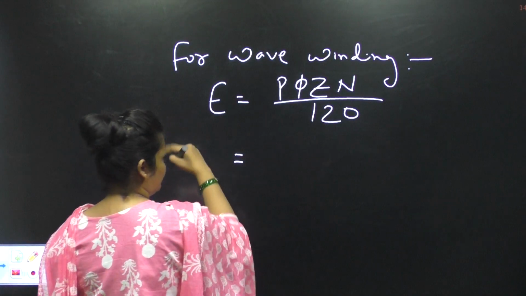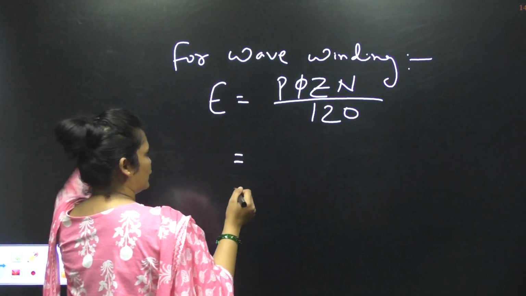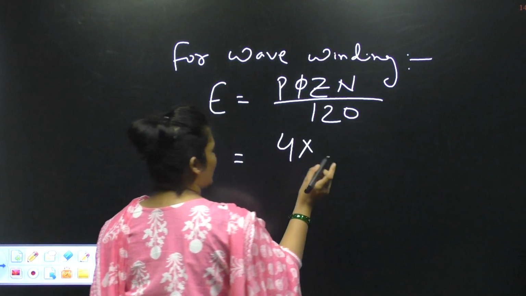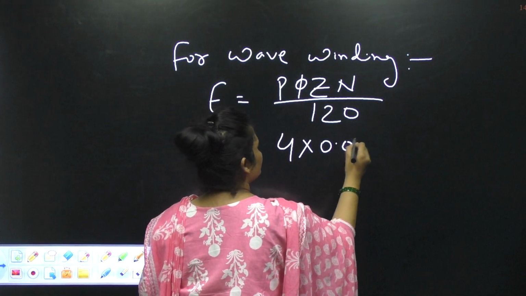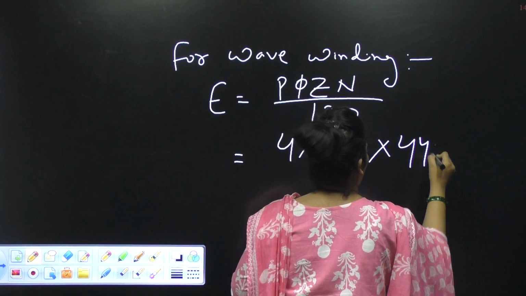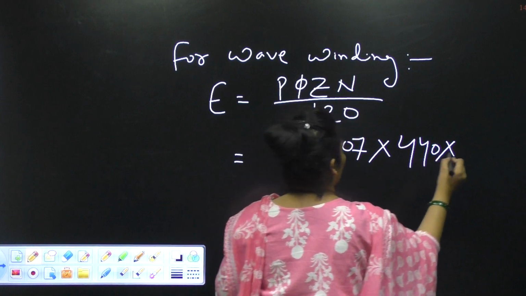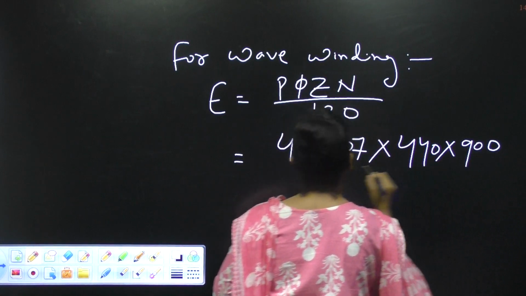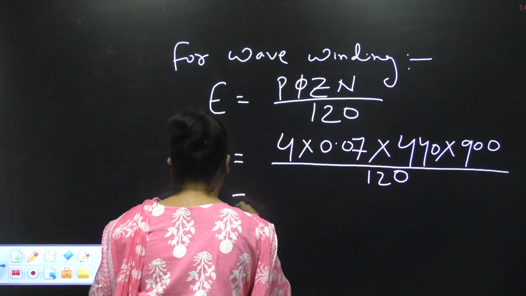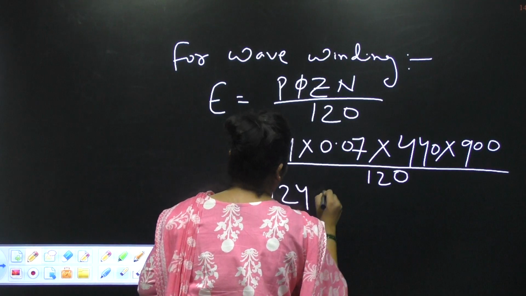Put the given data in this equation. P is 4 into phi is 0.07 into Z is 440 and N is the rated speed, 900, by 120. After solving this, we get 924 volt.